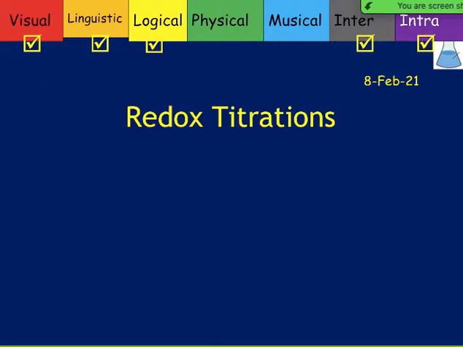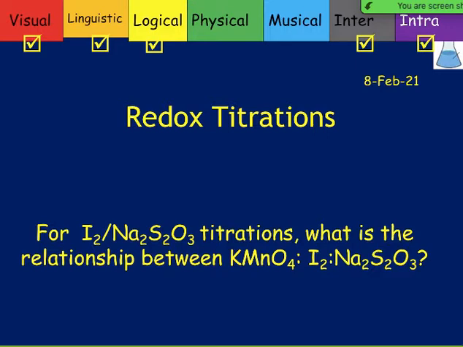So the one we are looking at today is an iodine thiosulfate titration. And if you're really lucky, those will be the only two things that are going to be in your question. But there are issues in making iodine in solution.